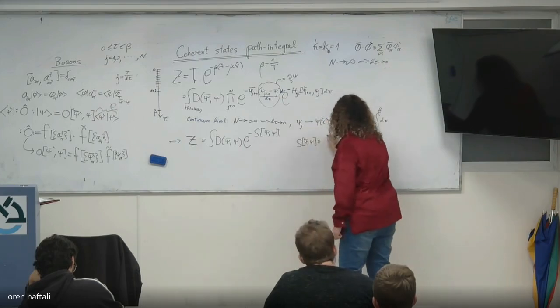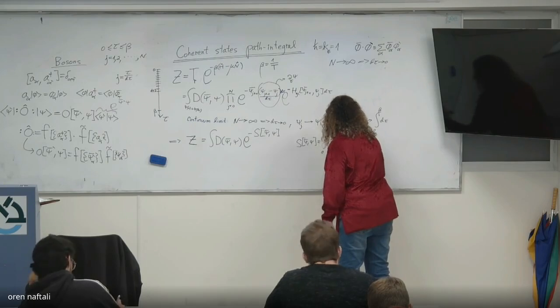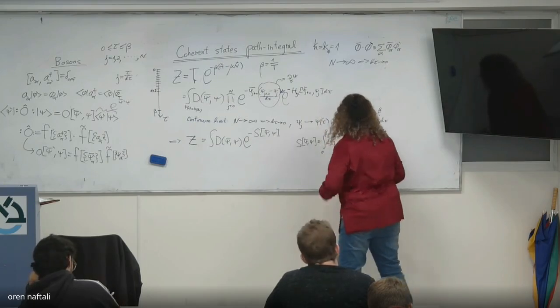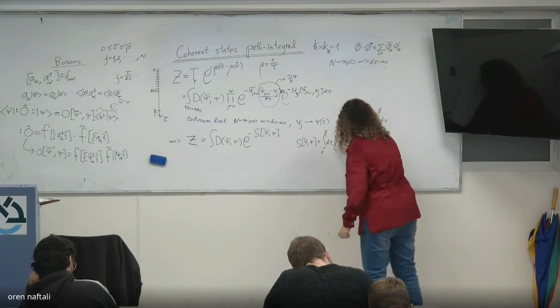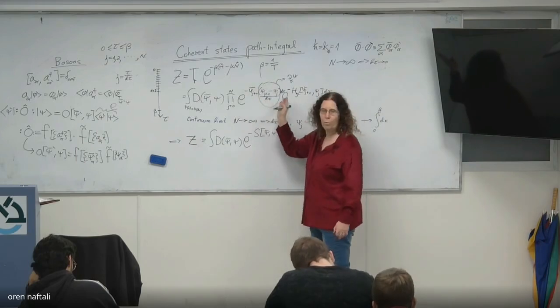It is an integral from 0 to beta d tau of psi bar d tau psi. This is what comes from here.